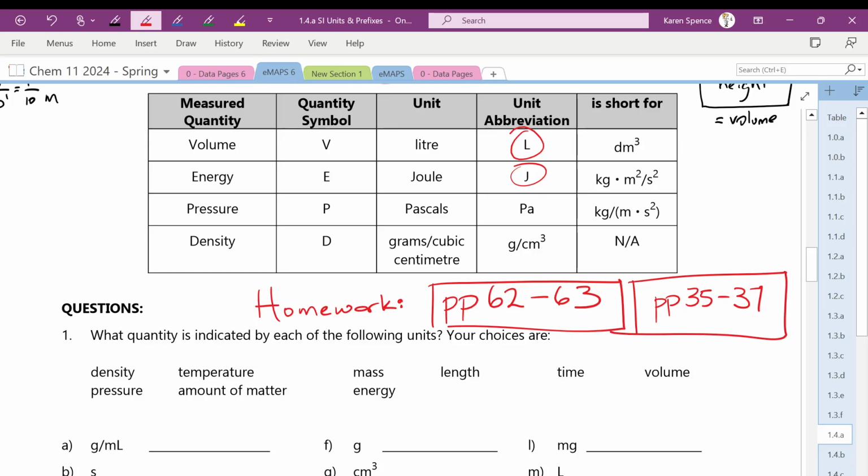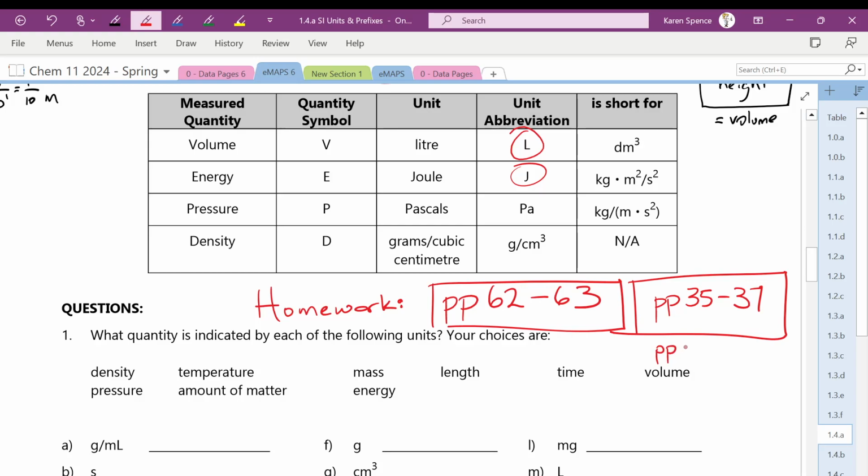And let me just check on one more thing. No, I'm going to do that next day, but I am going to assign you pages 41, 42.